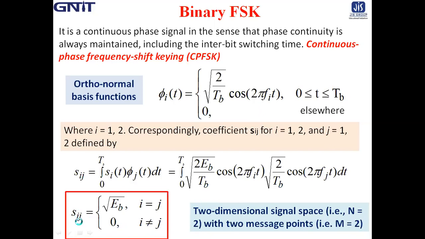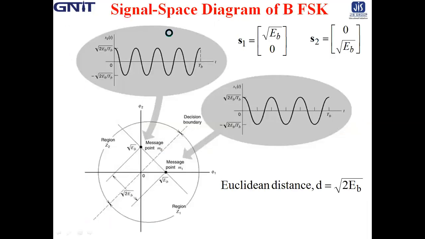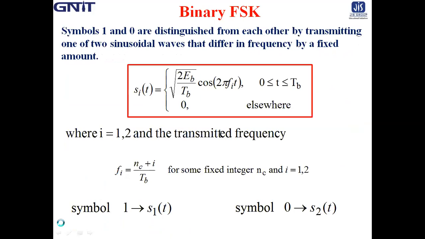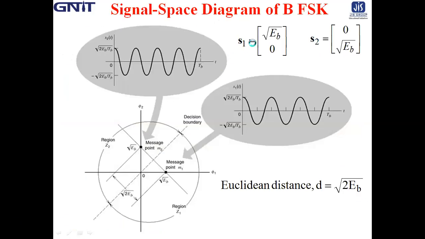So s1 is basically square root of Eb, the location is square root of Eb, 0, and s2 you can easily determine from this red area, and s2 is a vector, that is s21 and s22. So s1, this vector s1 is basically s11 and s12.